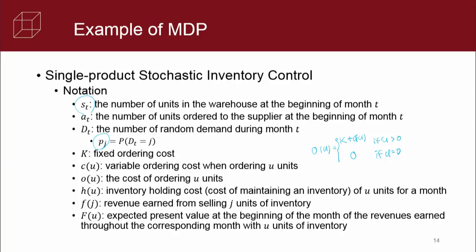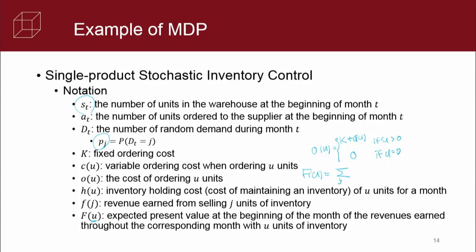Basically you try to calculate the expected revenue. And the revenue depends on the demand and how much I have, in this case u units. So you can consider two different cases. If the demand is less than u, you can only sell the number of units equal to the demand.